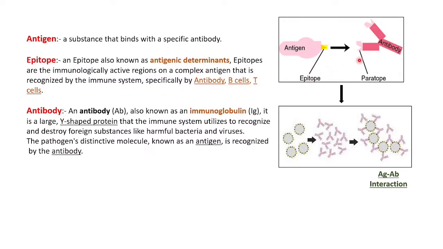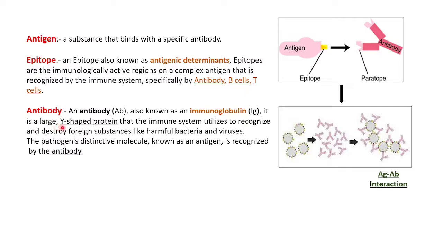Now the antibody. This is the antibody, with the paratope attached to it. Antibody is denoted with A and B. Antibody is also known as immunoglobulin, and in short form we denote it with Ig. So antibody is itself called immunoglobulin.